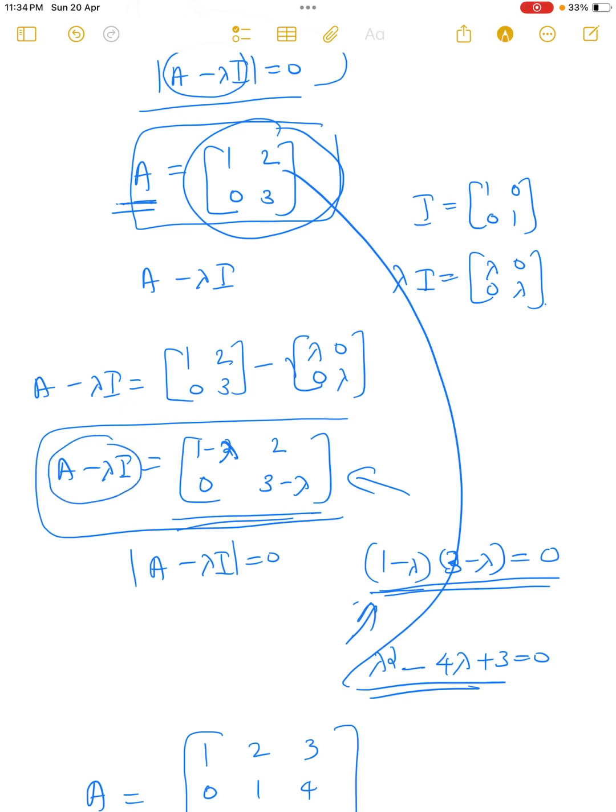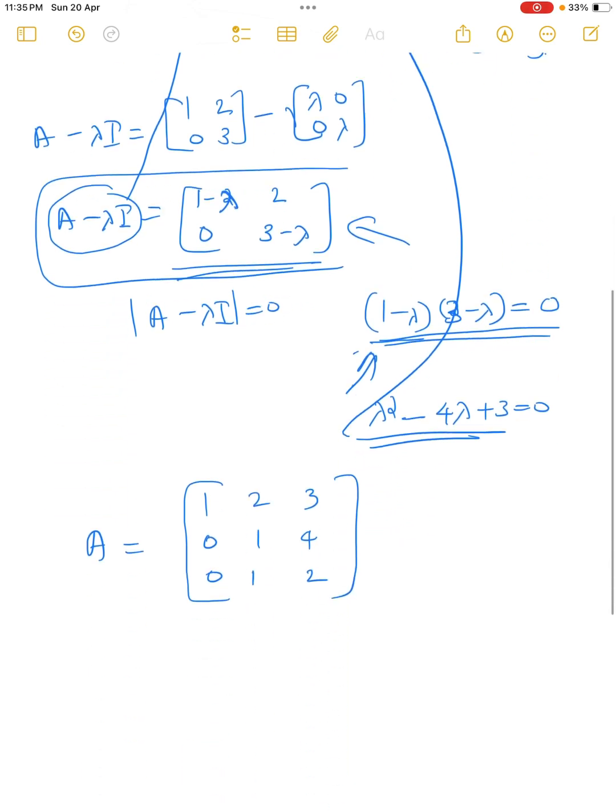The characteristic matrix A minus lambda I is nothing but just subtracting lambda from its diagonal entries. That is called the characteristic matrix.